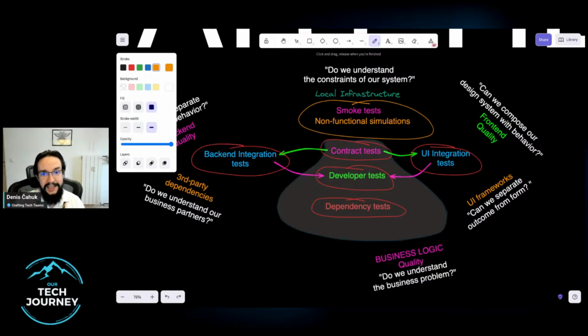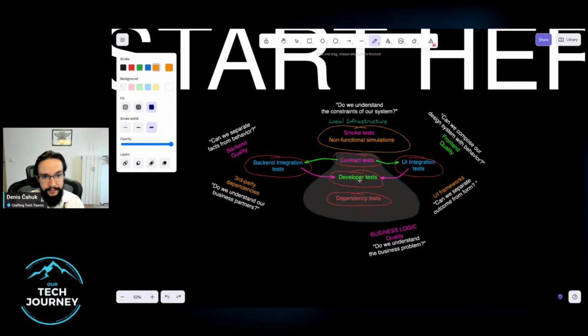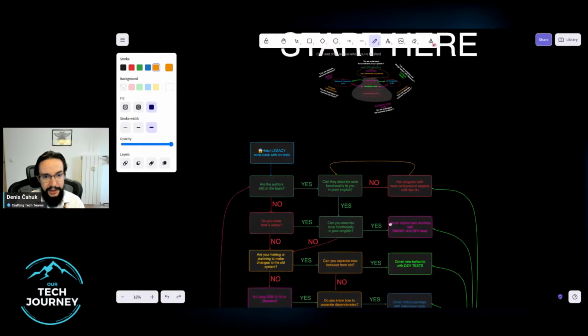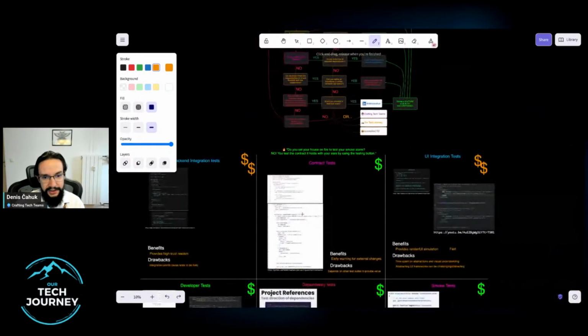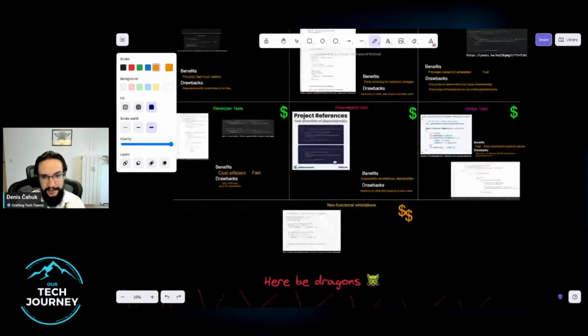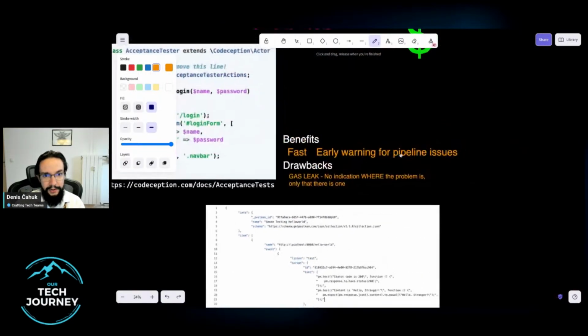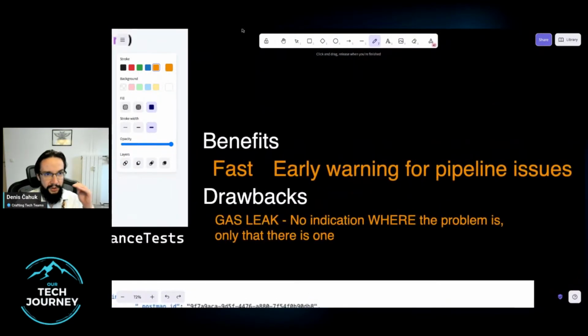So I use this analogy, I do have a comparison here regarding the smoke tests. The smoke tests give you a fast and early warning for your pipeline, but it's like a gas leak. You can smell it, but you might not know where it comes from.